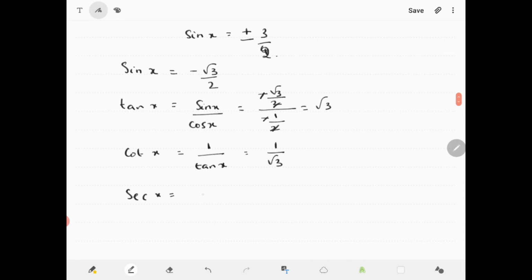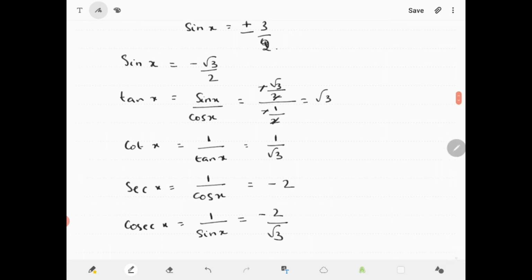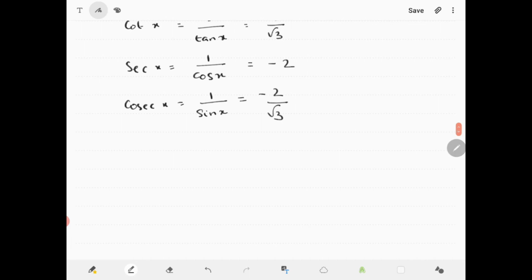Secant x will be 1 by cos x. The answer is minus 2. Cosecant x will be 1 by sin x, is equal to, sin x is minus root 3 by 2, so it is minus 2 by root 3. So these are the different values. So we'll have to remember the use of the positive and the negative sign according to that trigonometric function and the quadrants in which they lie.